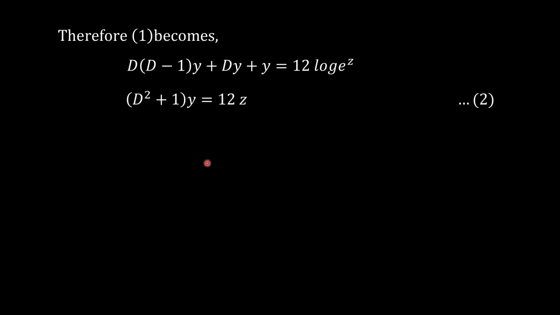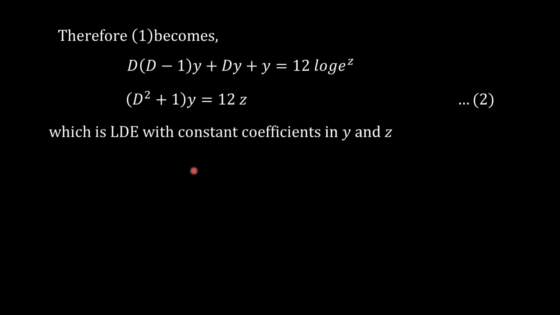Simplifying it, we get the differential equation (D^2+1) of y = 12z. See, multiply by this D inside the bracket, so it will give us D^2 y - Dy. So that Dy will get cancelled and we are left with (D^2+1) of y. So this is the required linear differential equation with constant coefficients.